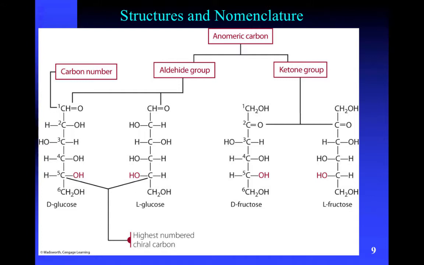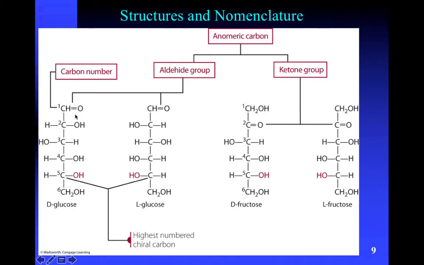So when you're drawing out these structures, use those general rules so you can look back at your structure and make sure that those rules have been applied. That'll help you remember how to draw them. But let's look for the highest numbered chiral carbon. Well, number 1 is not even a chiral carbon because it doesn't have 4 unique chemical groups.